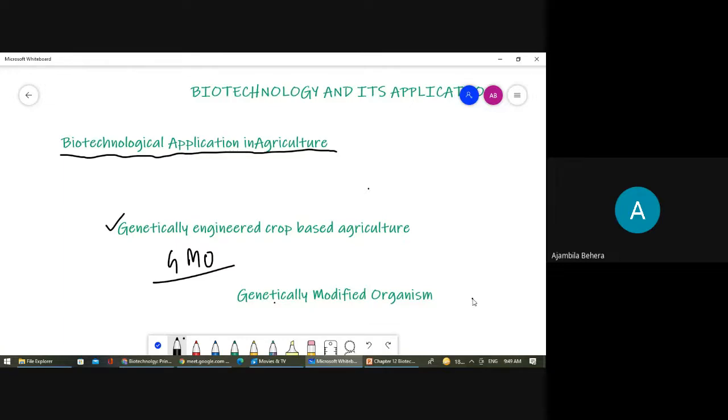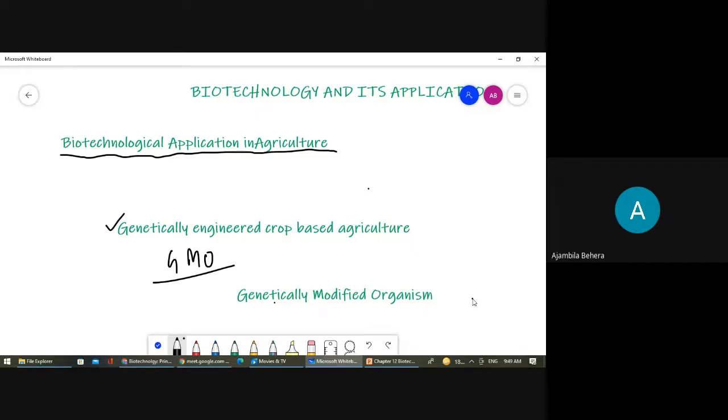Sneha, can you tell? Sneha, can you hear me? Yes, sir. Can you please repeat the question? My question is why the organisms are generally called GMO. Why are they so called? Genetically modified organism.